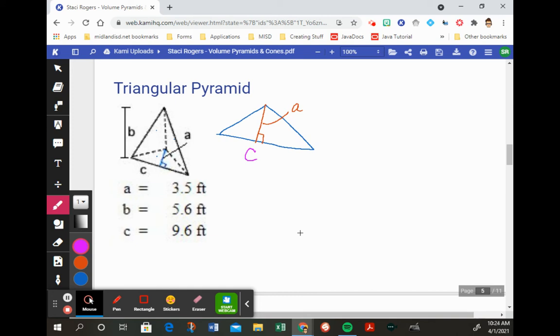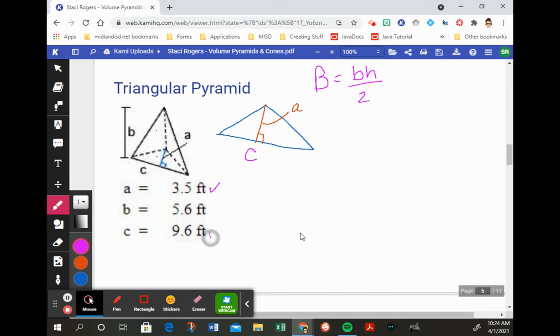So now I have a two-dimensional shape called a triangle. And we know that the area of a triangle is equal to little b times h divided by 2. What are the only two numbers associated with that triangle?